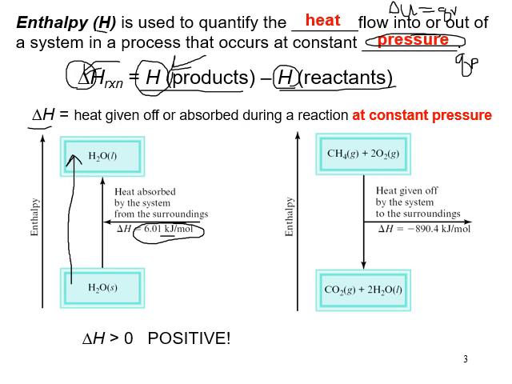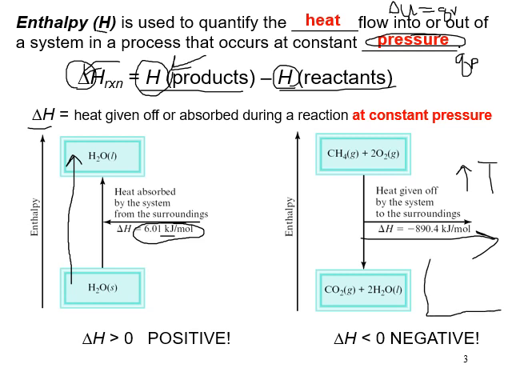When it's the reverse of that, and something occurs where energy is given off from the system to the surroundings, that is an exothermic reaction. And that exothermicity shows up as an increase in temperature of the surroundings, and the enthalpy ends up being negative. So recall those little graphs, and I was showing you this is an exothermic graph. These are the reactants over here.